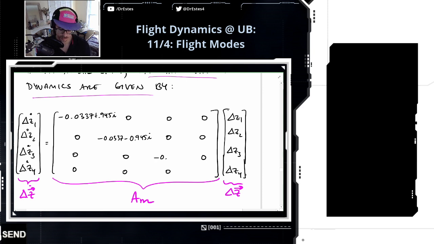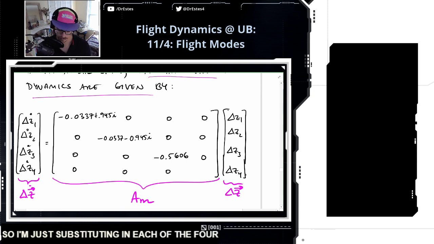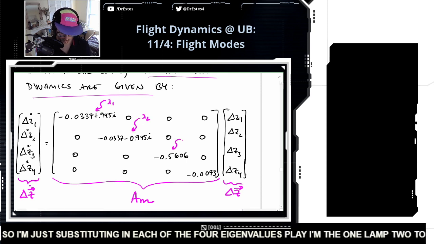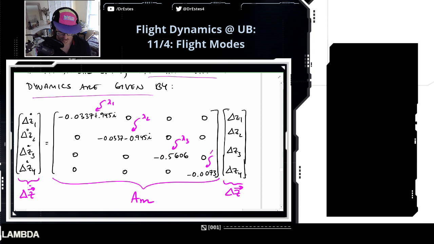So I'm just substituting in each of the 4 eigenvalues. Lambda 1, lambda 2, lambda 3, lambda 4.